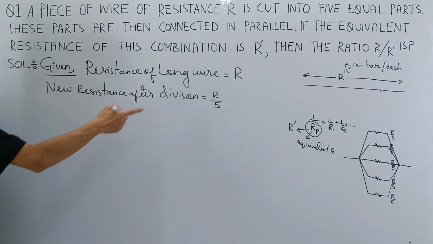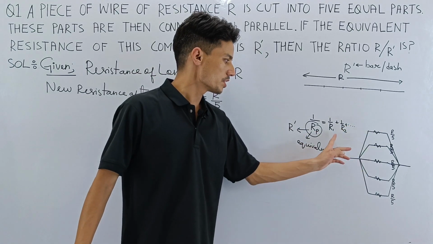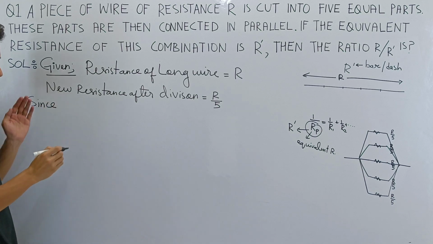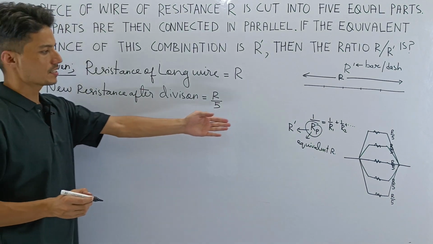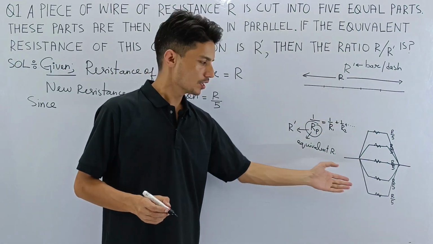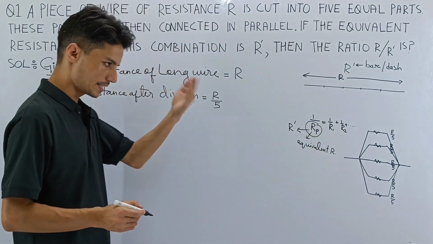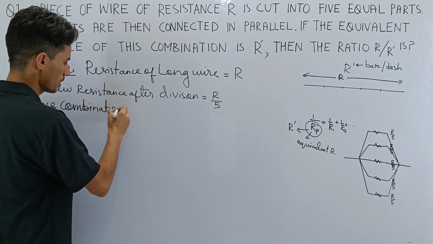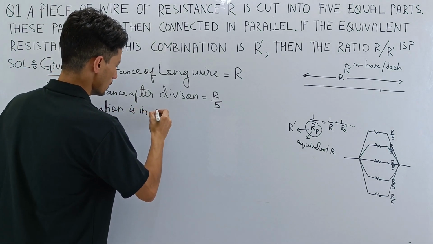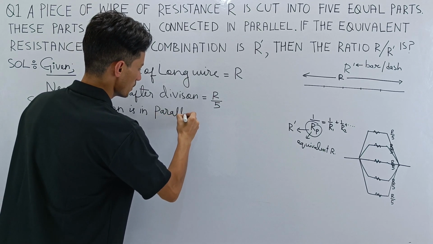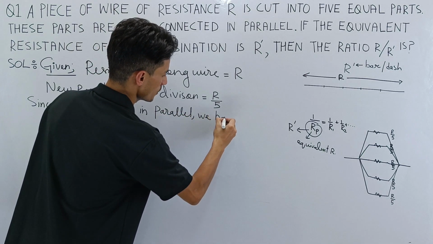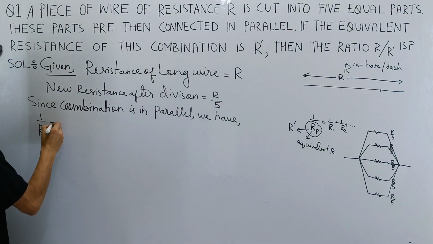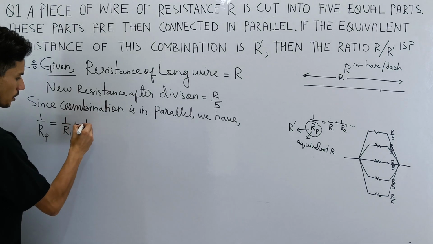Now we will try to find the equivalent resistance using this formula. Before we directly go, we always declare. So we will declare that since the combination is in parallel, we have the formula 1 by Rp is equal to 1 by R1 plus 1 by R2.